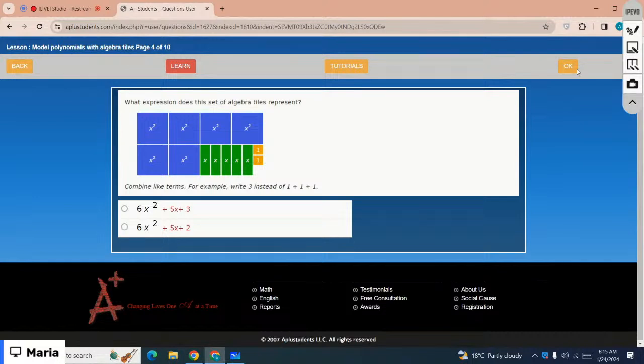The next one is, what expression does this set of algebra tiles represent? So which is the correct option?